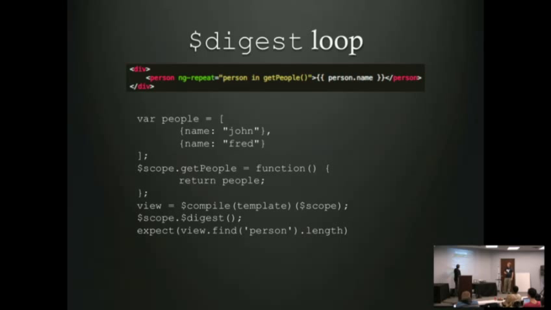I'm going to expect to find persons of length 2. So there's 2 people. So that's a common gotcha. I think lots of people just say don't put a function in your ng-repeat, or if you do, just be aware of not creating new objects every time you call your function.